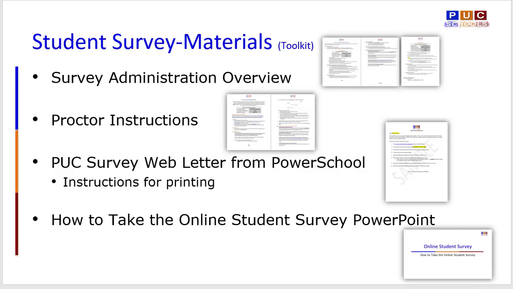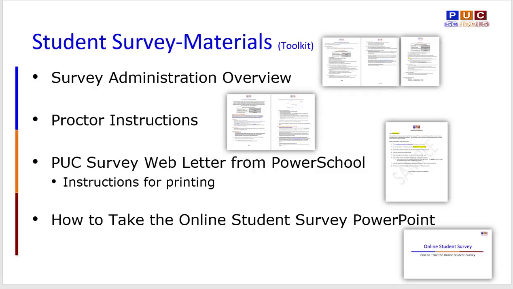For the administration, there is also a PUC survey web letter that is going to need to be printed from PowerSchool. This is an instruction manual for the student to take the survey. It will include an access code that they will need in order to take their survey when they enter the Panorama website. We have included instructions and a sample of what that survey web letter will look like.